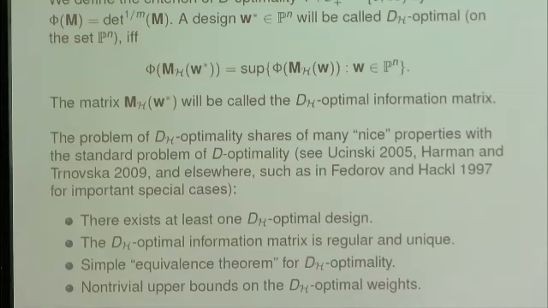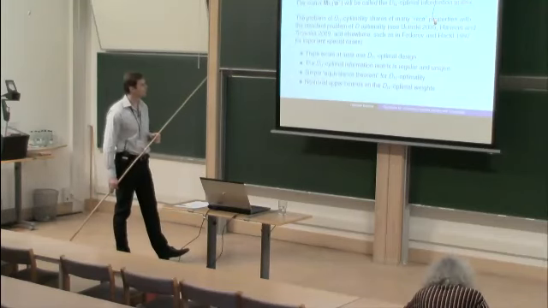Also, from the strict concavity of the criterion of D-optimality, it follows that the DH-optimal information matrix is regular, non-singular, and unique. By regular matrix, I mean non-singular matrix. Of course, the optimal design does not need to be unique, but its information matrix is unique.